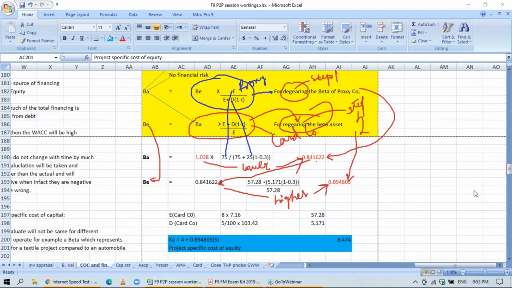And the equity for card company as we calculated was different, so you can know yourself that the debt to equity ratio will be different. They would have given you the debt and equity ratio for the proxy company, and you will see the debt to equity ratio yourself for the company you are evaluating the project. Is it okay, Kamran? And Advait, how did I get the 5%? They have given the premium, the difference between the RM and the RF, to be used in the CAPM.